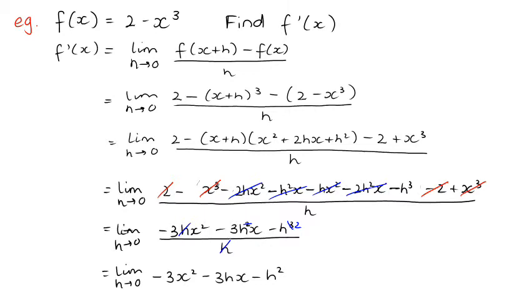Okay, sub in h equals 0, and that gets rid of the last two terms. We're left with negative 3x squared. Lovely.